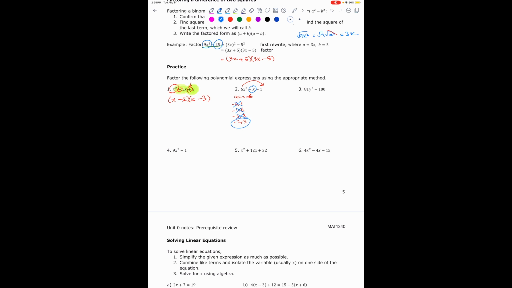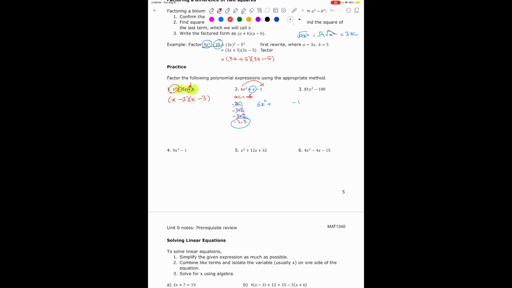So now, I know that if I pick negative 2 and 3, the answer would work. So now, I will write the first term, 6x squared, and then I will add something in the middle and then minus 1 at the very end. Now, I can choose 3 or negative 2 for the first term.